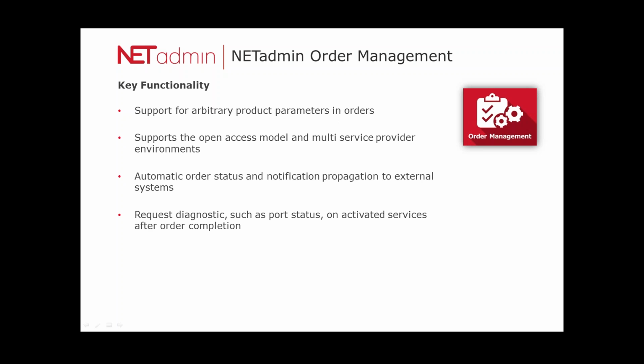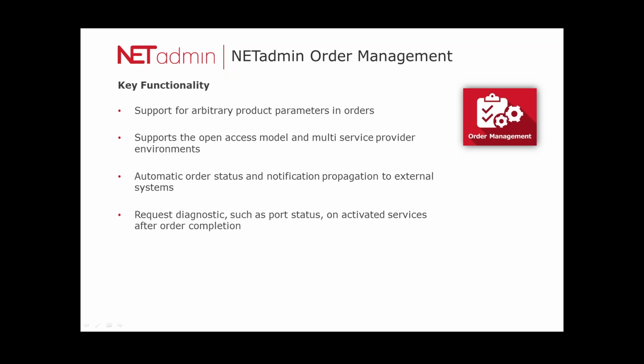Furthermore, we have also built in support for arbitrary product parameters in orders. And that's actually very important because once you have placed an order for a specific product, there might be additional information that is required in order to fulfill this order. For example, if you look at the ordering of a VoIP product, at some point this provisioning often needs to know about a phone number that it will use.